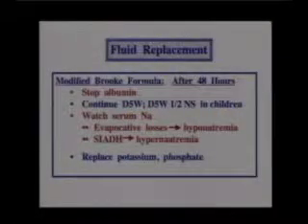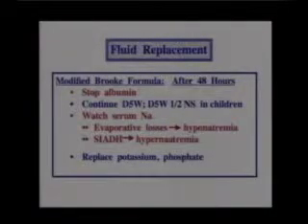Now, if we look at fluid replacement during this acute phase, once the fluid is back into the bloodstream where it belongs, the colloids or the albumin is stopped. And they will then need D5 or D5.5 normal saline for children. We have to watch the electrolytes, the serum sodium.